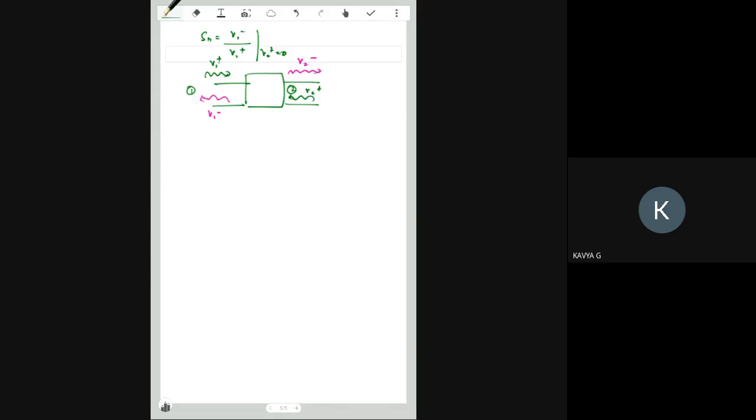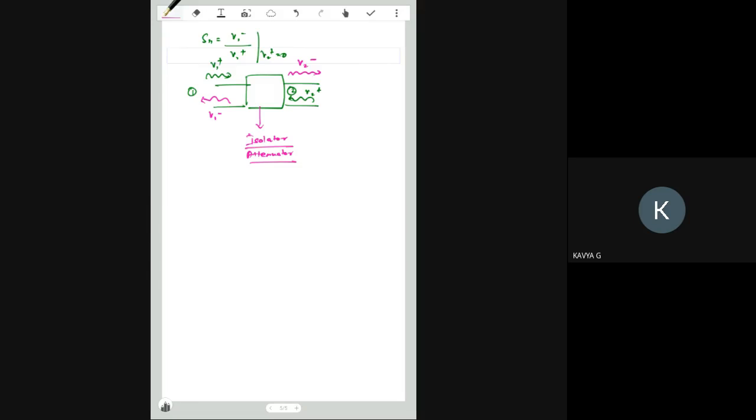Is it able to understand? I don't know, I look at this network as a black box. I don't know exactly what it is; it can be an isolator or any device. I'll take any two-port device: it can be an isolator or an attenuator. This is also a two-port device, the microwave passive devices, or let us take filters, also a two-port network because there is only input and output.